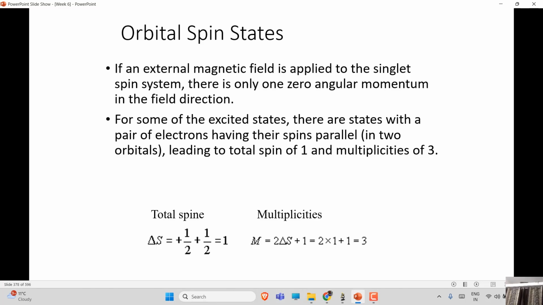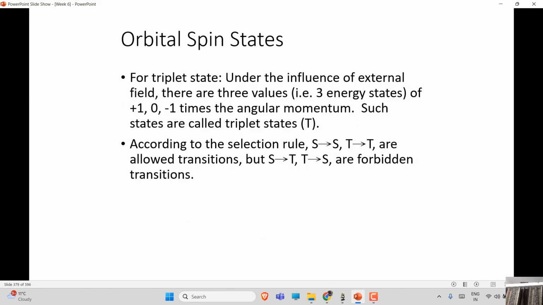For some of the excited states, there are states with the pair of electrons having their spins parallel in two orbitals, leading to total spin of 1 and multiplicity of 3. For the triplet state, under the influence of an external field, there are 3 values, like 3 energy states of plus 1, 0 and minus 1.